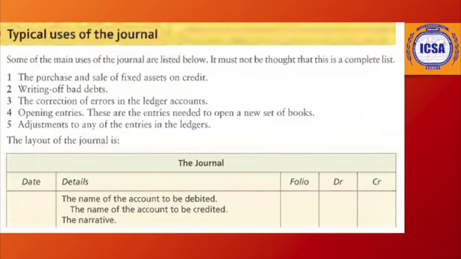The correction of errors in the ledger accounts. If there is some mistake, some error that is found later and is to be corrected, that will be recorded in journal. Opening entries, these are the entries needed to open a new set of books. So all types of opening entries will be recorded in journals. Adjustment to any of entries in the ledger.